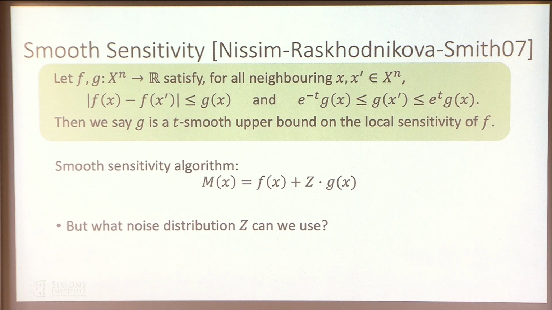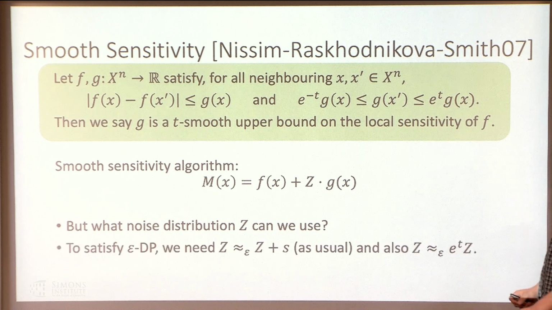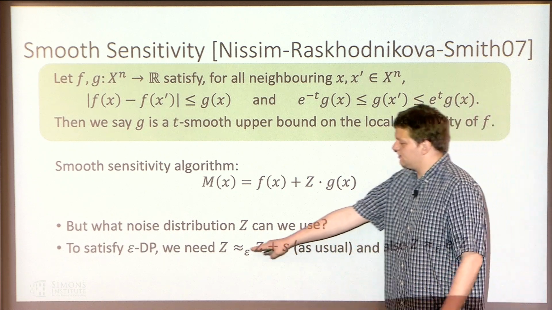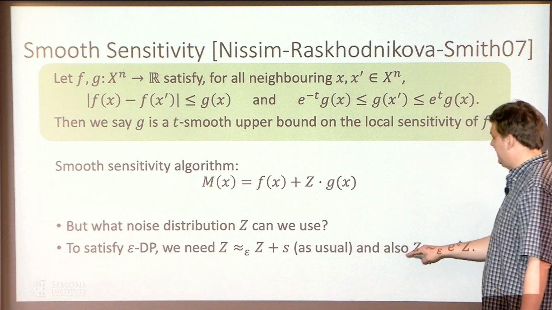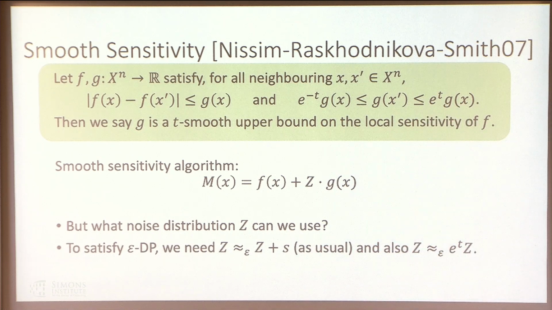But obviously the question is, what noise distribution z can we use to make this private? The key issue is that in order to satisfy differential privacy, we need not just that an additive shift remains indistinguishable, but also that a multiplicative shift remains indistinguishable.